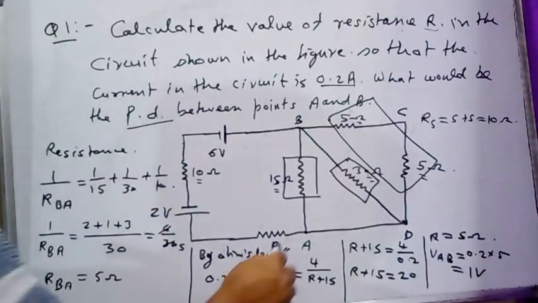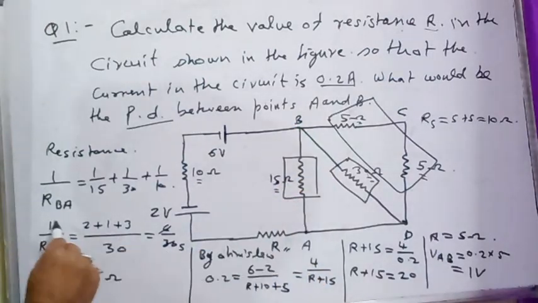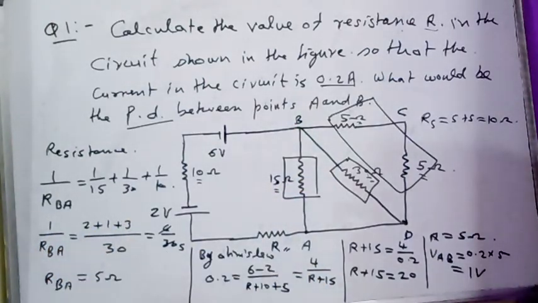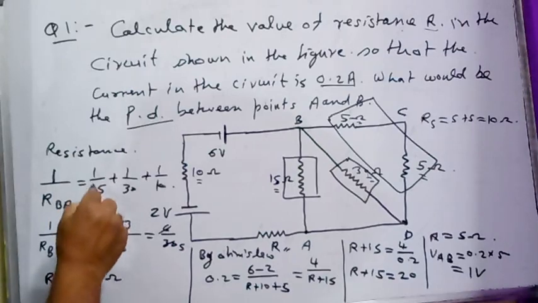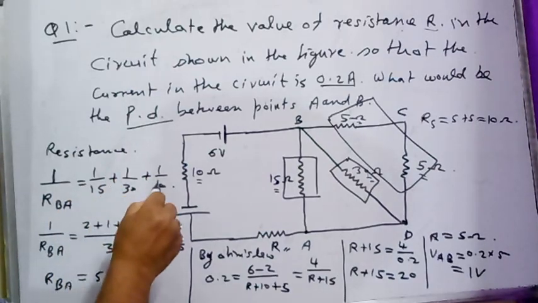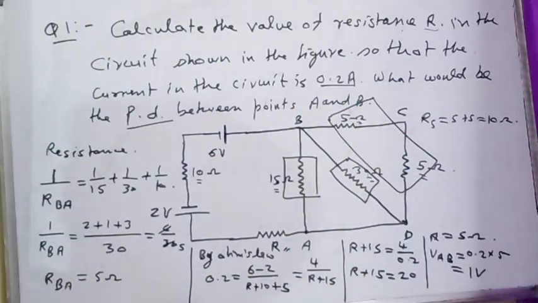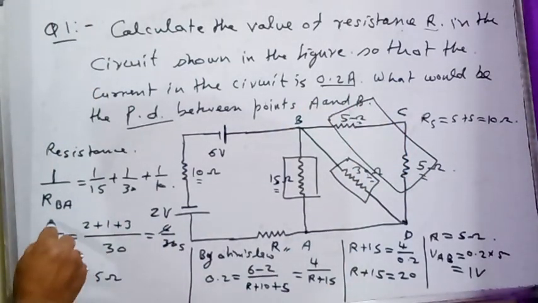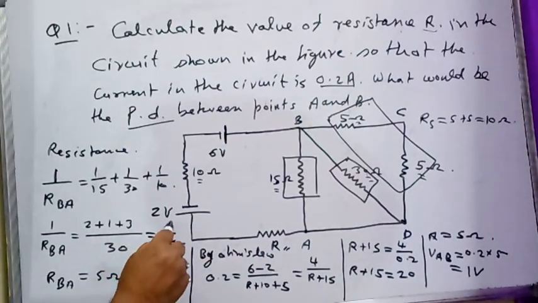So how can you get the value of the resistance between points B and A? If we use the formula for the parallel combination of resistors, 1 by RBA is equal to 1 by 15 plus 1 by 30 plus 1 by 10. 1 by 10 is this combined resistance. If you take LCM, 30 is the LCM, 1 by RBA is equal to 2 plus 1 plus 3 over 30, that is 6 by 30 or 1 by 5.